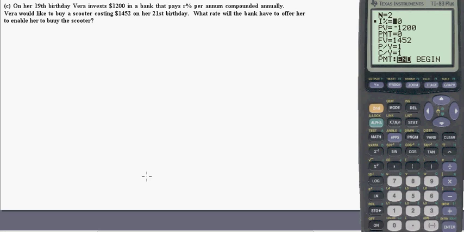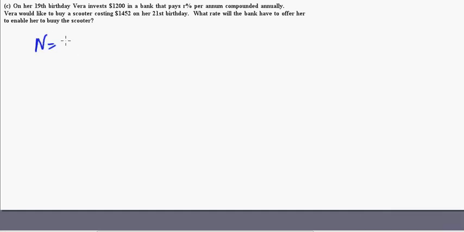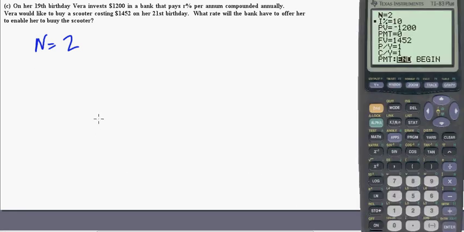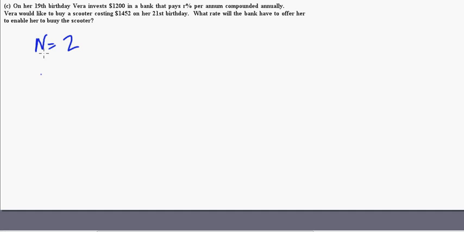Now, if you're going to show your work here, I would show what the calculator says. So the interest rate is 10%. The present value is negative 1,200.